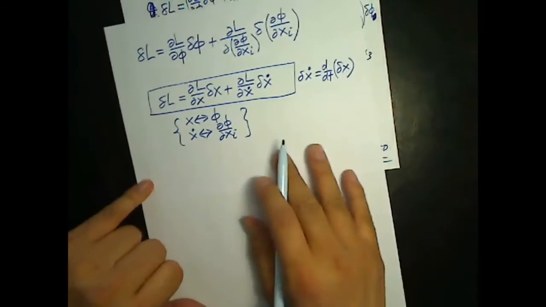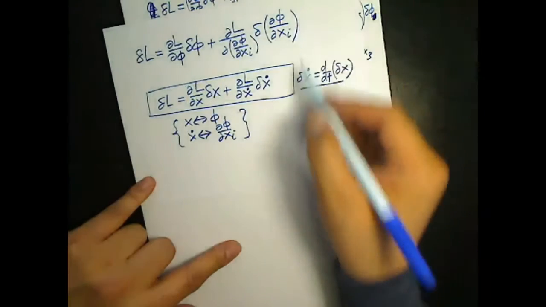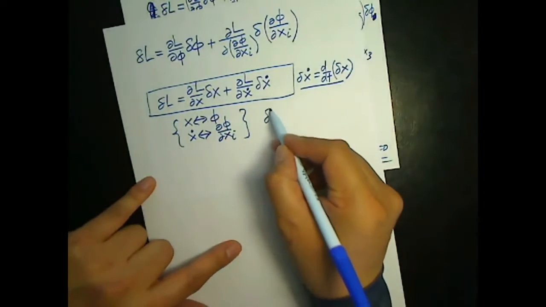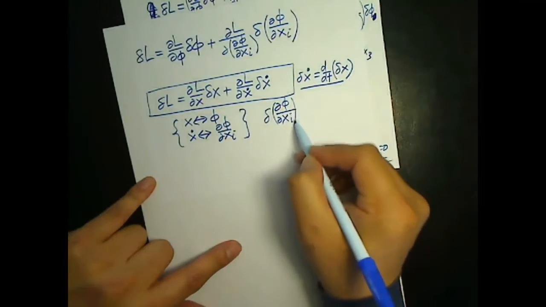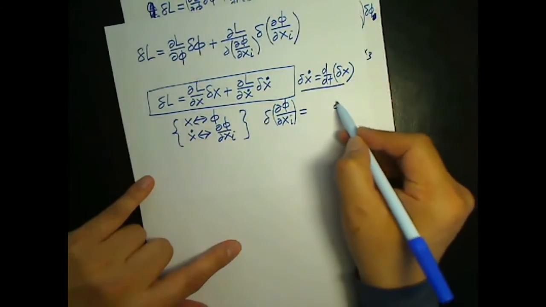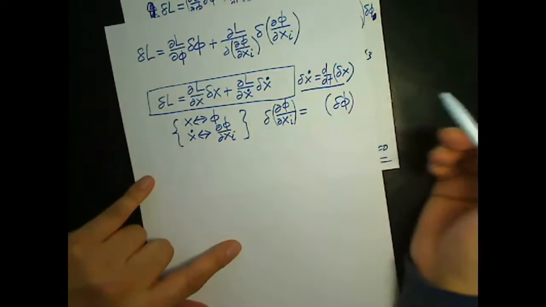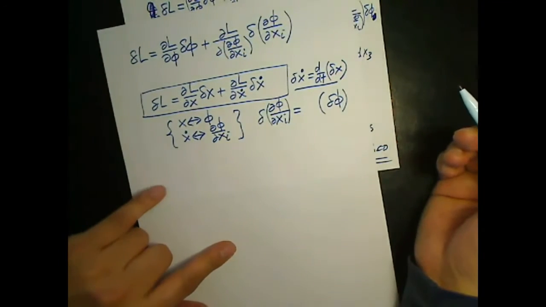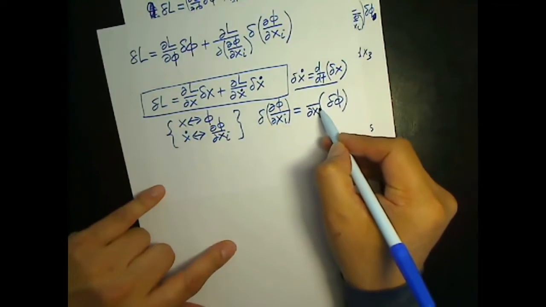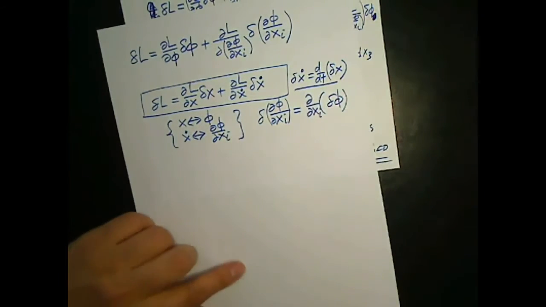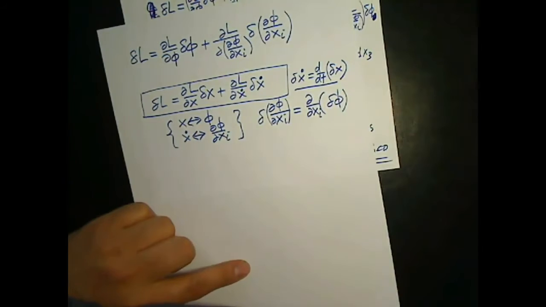Therefore, just like this, what we can do is delta phi, the variation of the electrostatic potential, with the partial derivative with respect to xi outside.